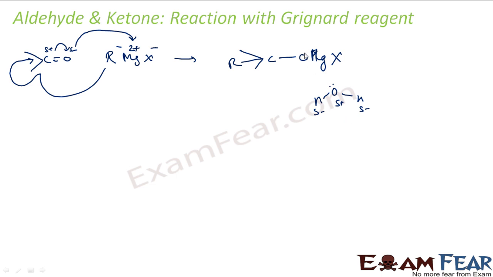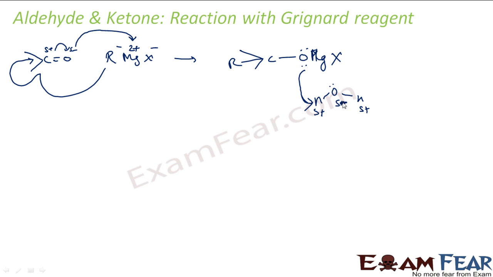This slightly positive hydrogen will be attracted by this oxygen here, because it has a lone pair of electrons. Actually, I made a mistake. This is slightly positive. This is slightly negative. Correct. This is slightly negative.